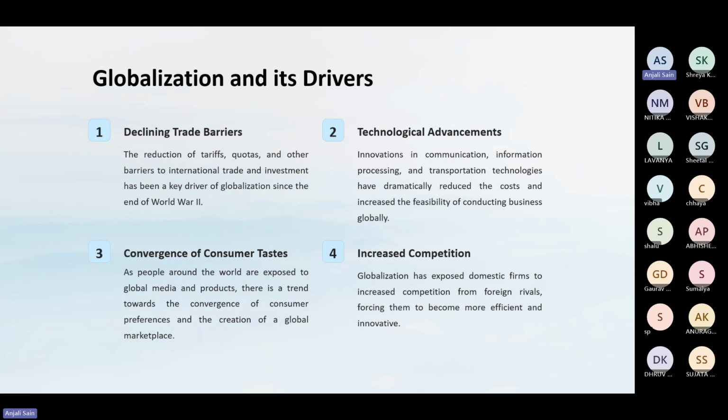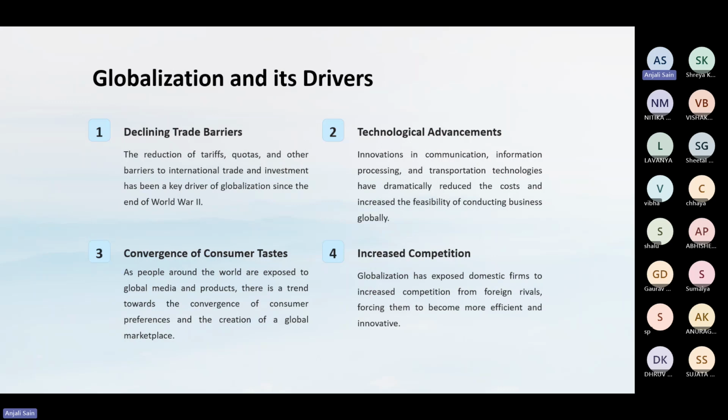Convergence of consumer taste का क्या मतलब है? जैसे जैसे like people are moving to foreign countries, ठीक है? तो उस foreign country में अगर some people come to India also, then in this case people's tastes, consumer tastes are combining. ठीक है. Consumer preference is also combining. पहले क्या होता था? They totally had a different taste. Now these tastes, their culture are on the verge of convergence. The convergence of consumer preference and the creation of a global marketplace.